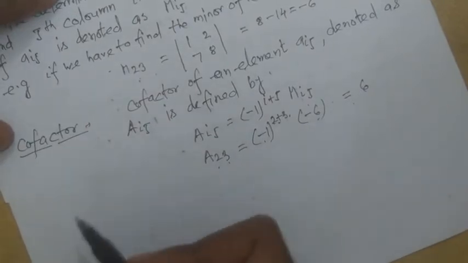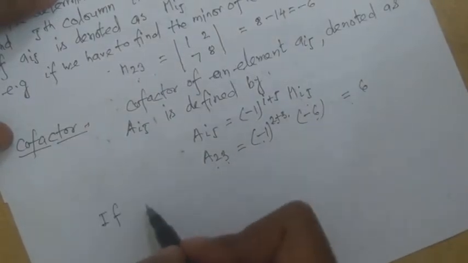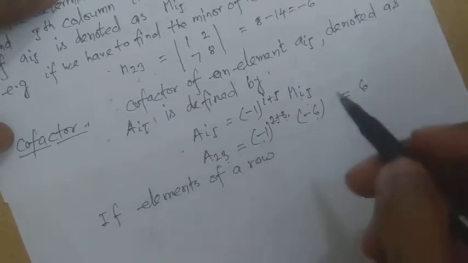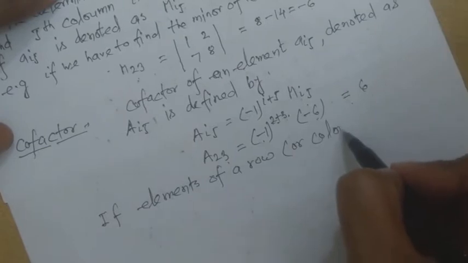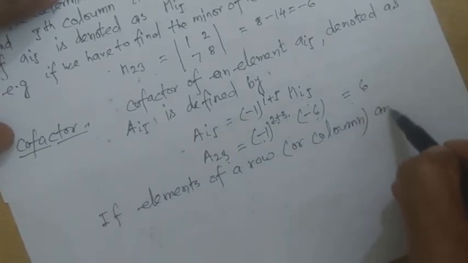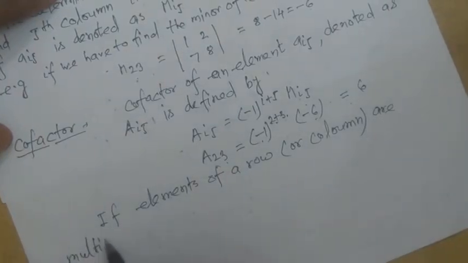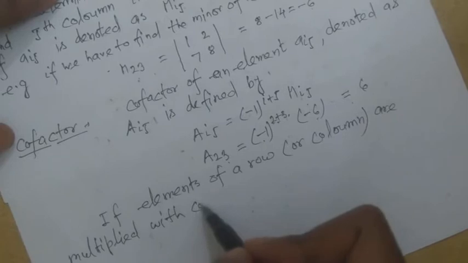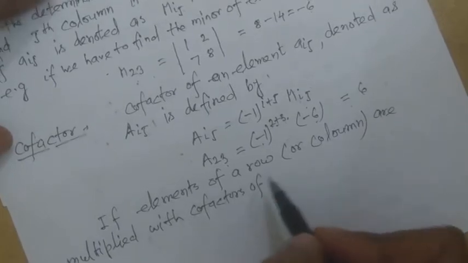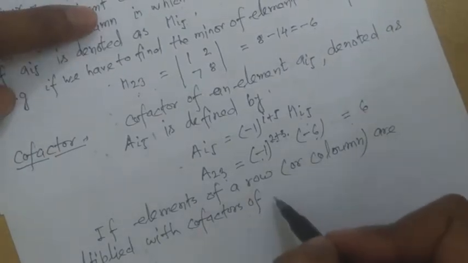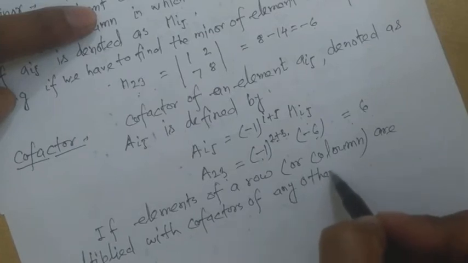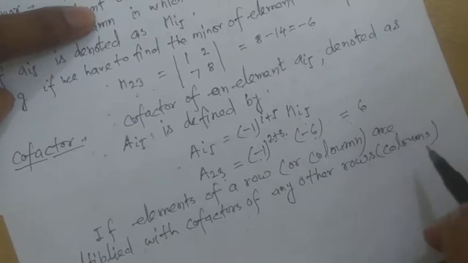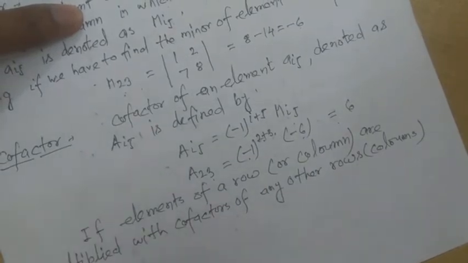We have to know another important thing. If the elements of a row or column are multiplied with the cofactors of any other rows or columns, then their sum is 0.